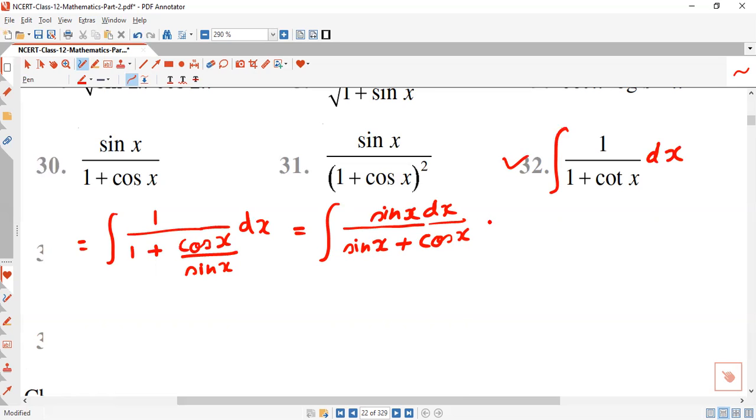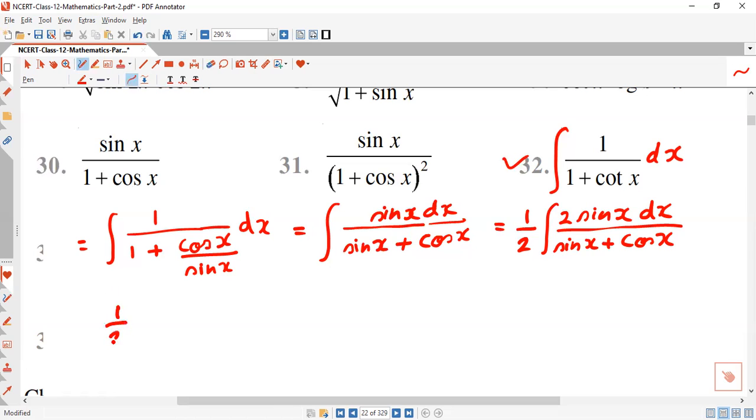So I multiply the numerator and denominator by 2. So I will say 1 by 2 times 2 sin x dx upon sin x plus cos x. Now I will add plus cos x and minus cos x in the numerator.